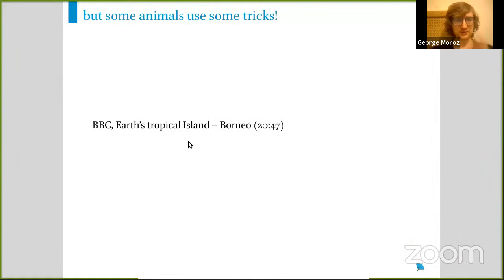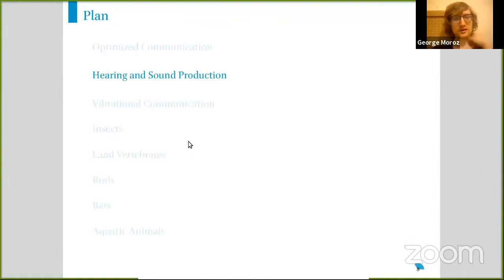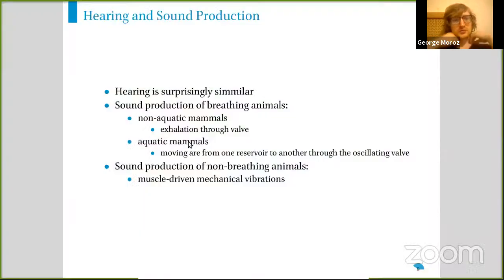So I will continue. Hearing and sound production. This is surprisingly similar. For instance, in most cases, sound production of breathing animals, for non-aquatic mammals, is just exhalation through a valve, and then aquatic mammals use some tricks.